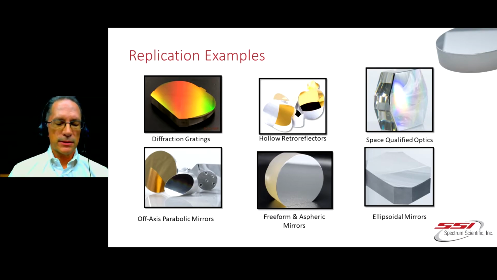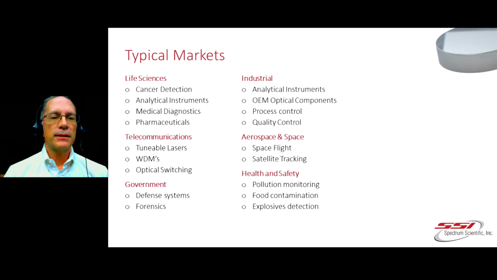So with that, let's get to the next slide and get into a little more description about the markets we go into. For most optics companies, we all kind of touch on all these industries. That's the great part about being in optics: as an optical component manufacturer, we find ourselves helping the life sciences.